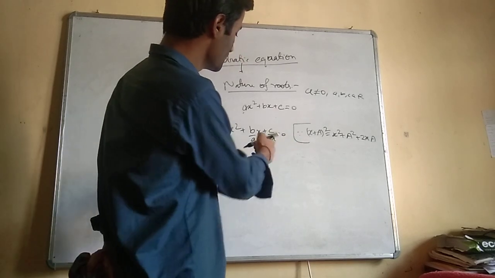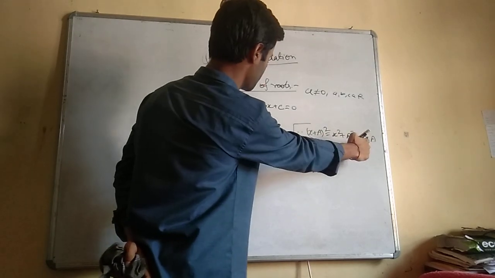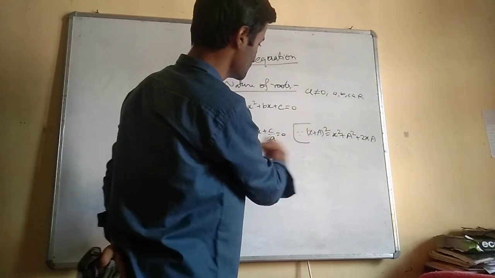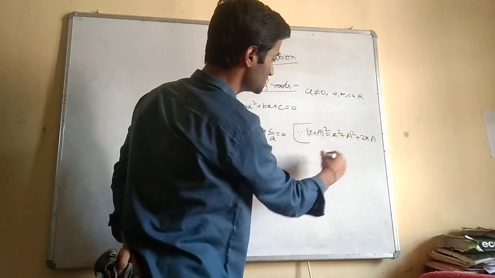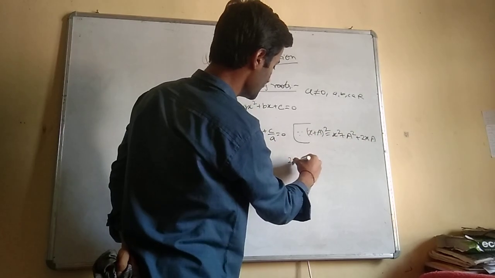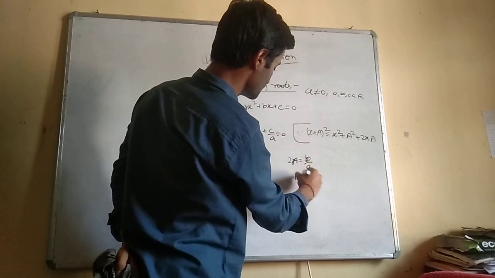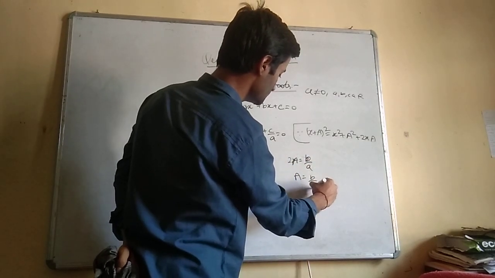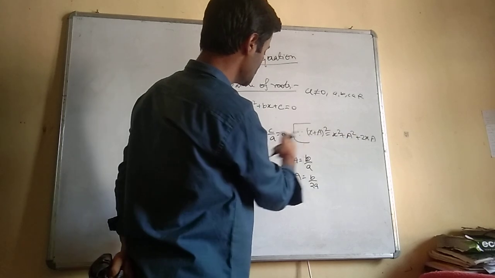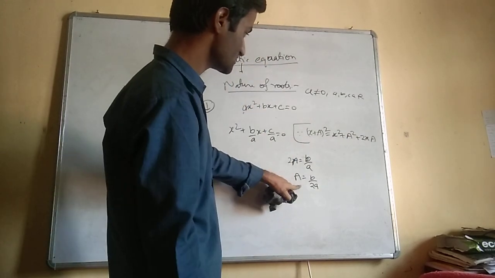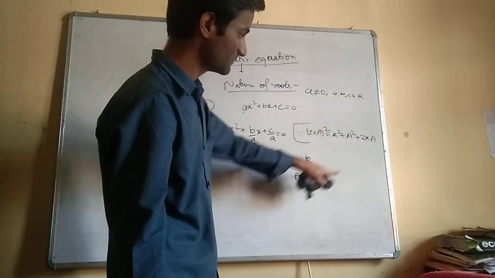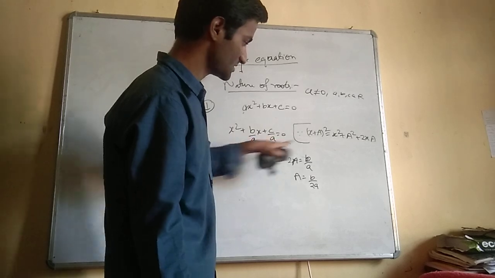So we will observe the coefficient of this one. If you observe, you will see that 2a is equal to b by a, so a is equal to b by 2a. We compare these two equations, so we get a is equal to b by 2a from the comparison of these two.